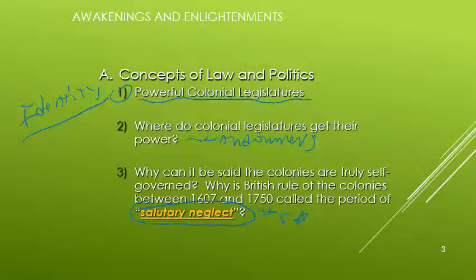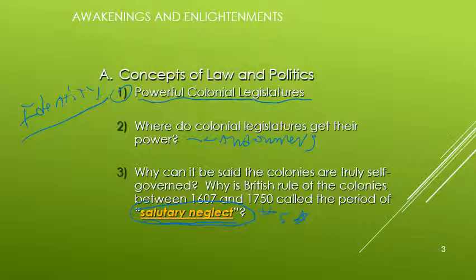Okay? So essentially, in many ways, it's this concept of salutary neglect that leads to the American Revolution. Because had the British been on top of the colonies more, governing them more specifically, instituting rules and policies for all colonies to follow rather than letting individual colonies do their own thing, the concept of rule from Britain would have been something that seemed so foreign to the colonists, and they may not have rebelled.